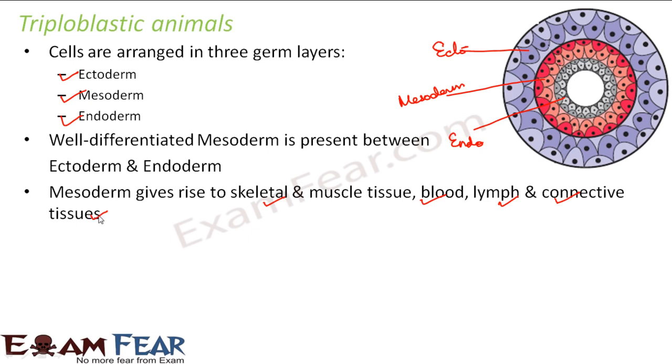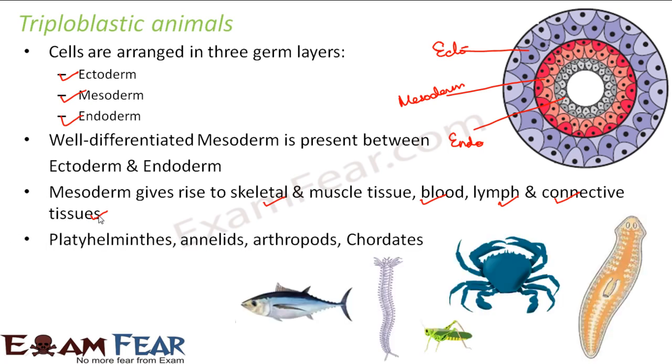The skeletal and muscle tissue help in movement. If mesoderm is absent, then all these things will also be absent. These are triploblastic animals.